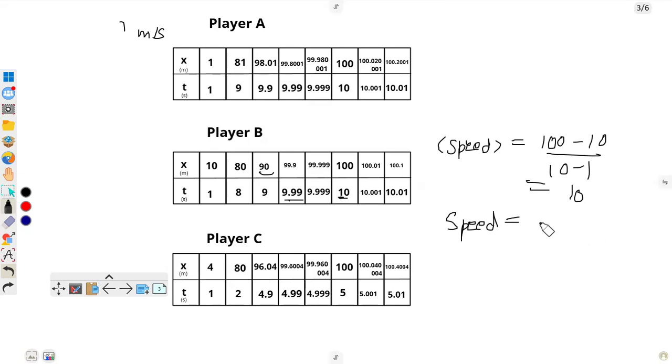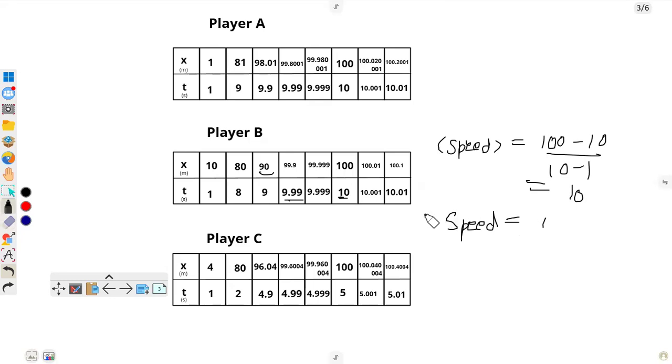It's 1. Is it? Wait, let me read that. Try again. 0.001. No, you're far off.